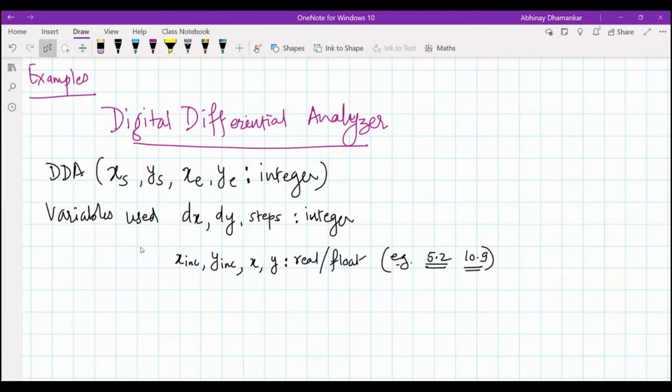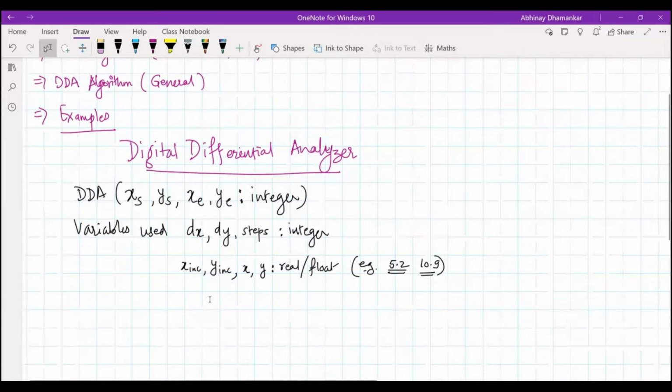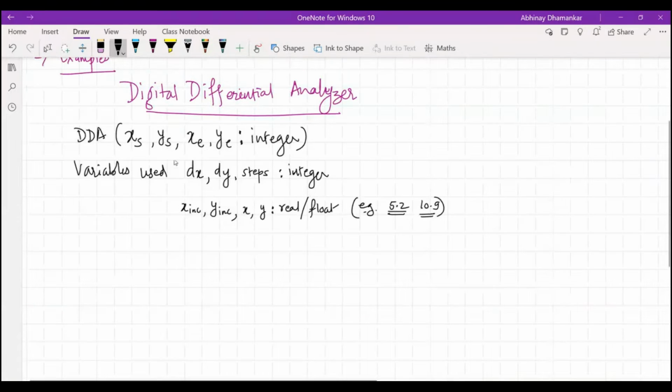Now let's begin with our algorithm. Our algorithm starts with the word begin. Let's say we find the dx value, which is equal to x end minus x start, the difference.